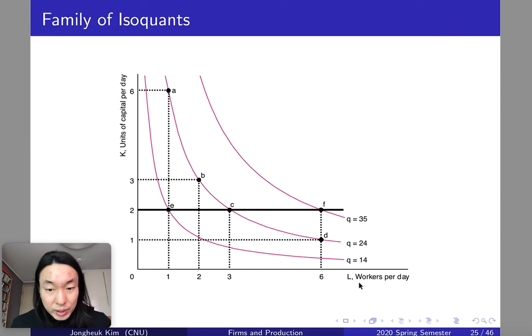So for instance, we can compare the isoquant curves of Q equals 24 and Q equals 14, and we can fix the level of capital at 2. So we can compare point E and point C. Okay, let's look first at the Q equals 14 isoquant curve.